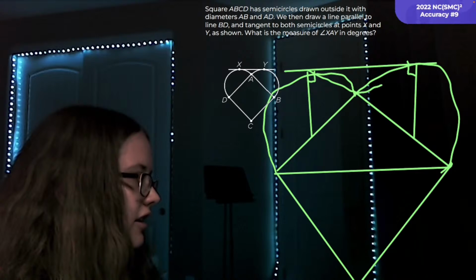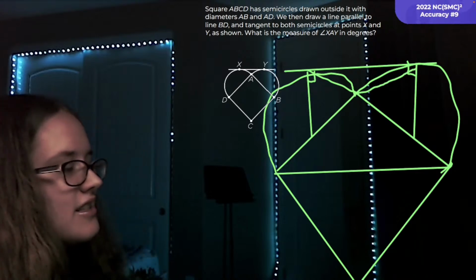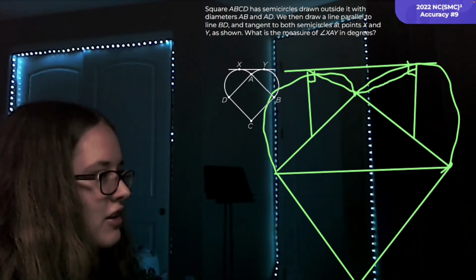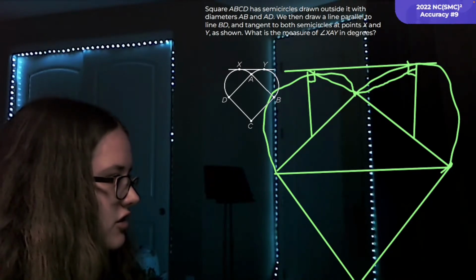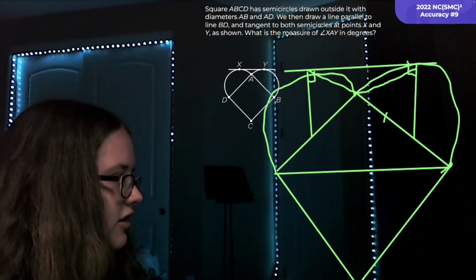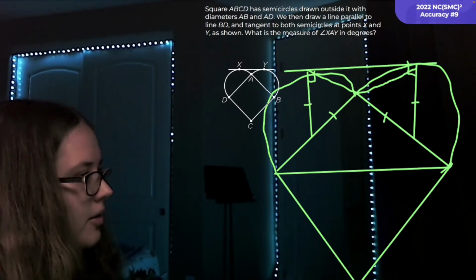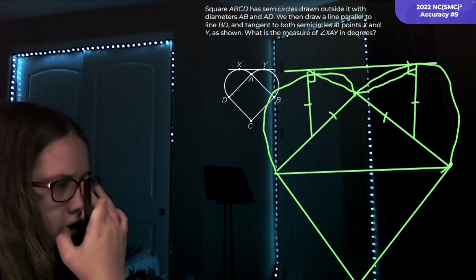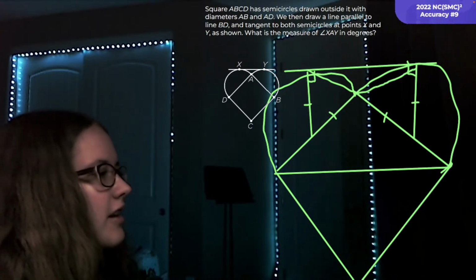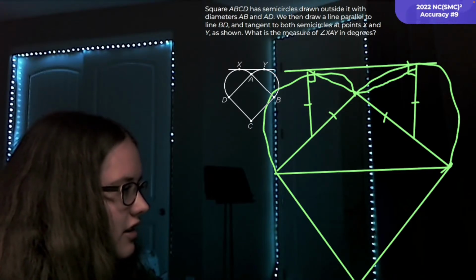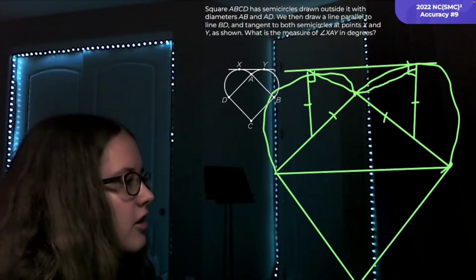This angle and this angle. The way this is drawn, these look like equilateral triangles. We know that these four are all equal, but we don't know that these aren't equilateral, are they?